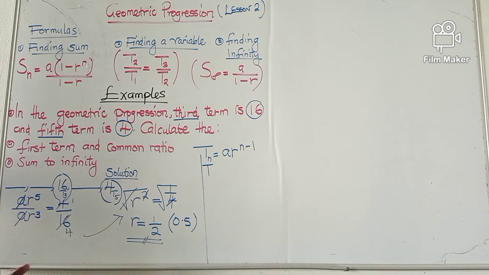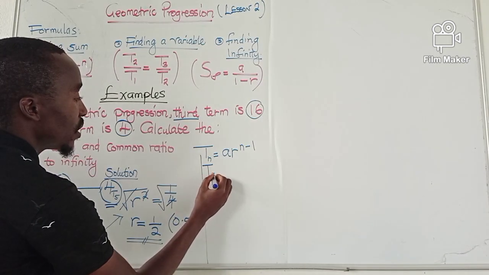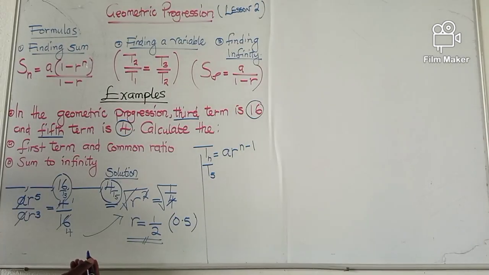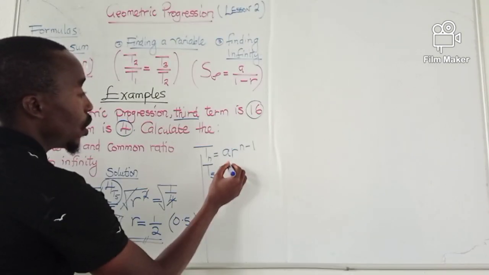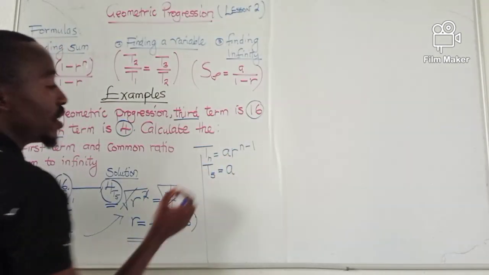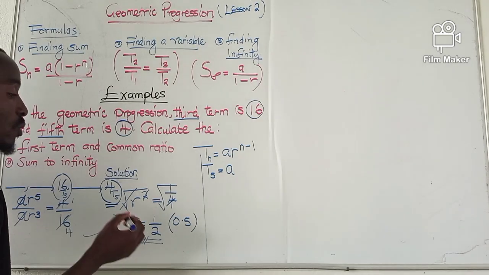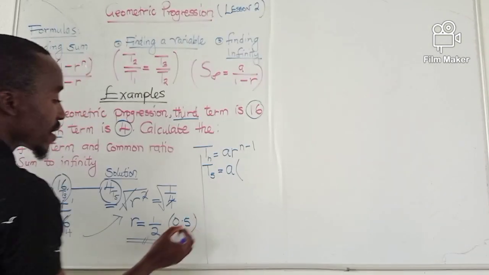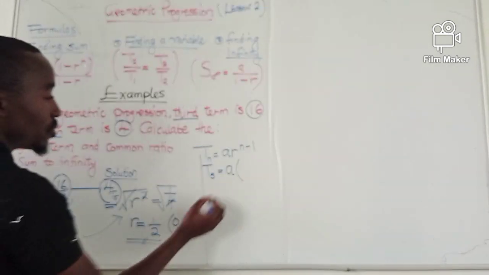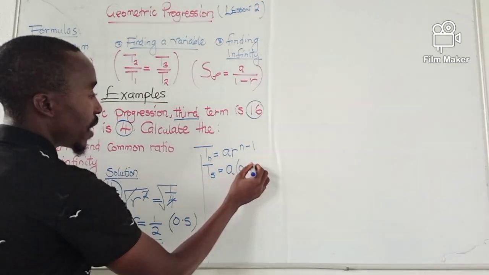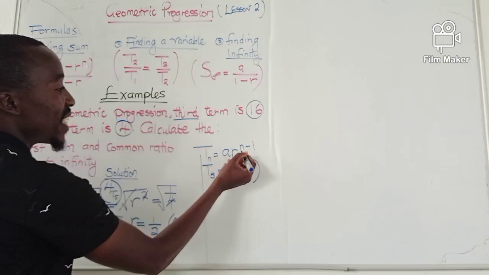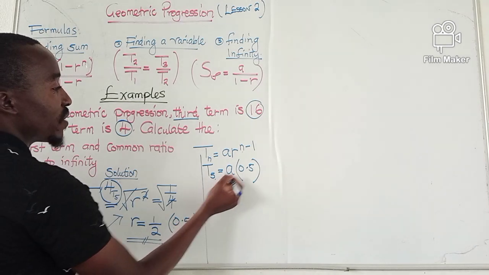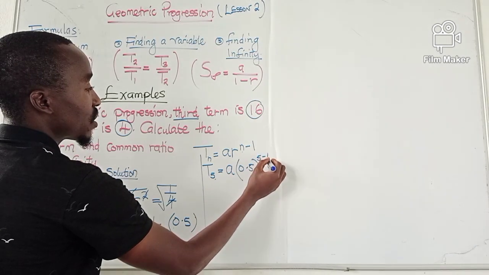Okay. So let's say we use the fifth term. We pick the fifth term, which is equal to, we don't know A. We don't know the first term. That's what we want to find. Our R is 0.5, so we're going to use the decimal. Where there's n here, we're going to put 5. So 5 minus 1.